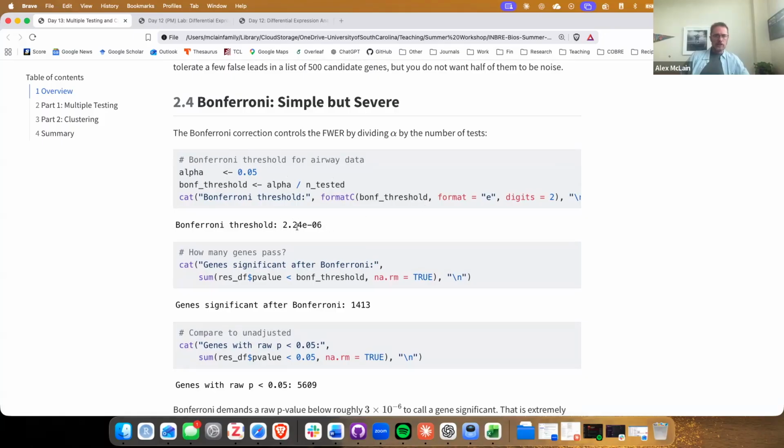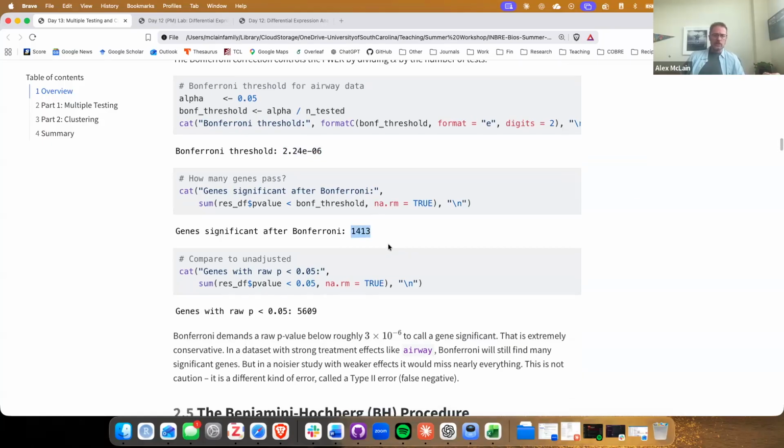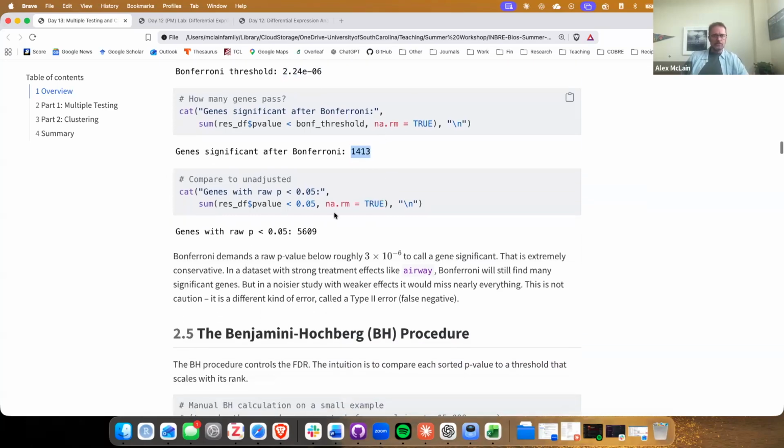Here's the threshold that a hypothesis would have to meet to have a rejection. When we use the Bonferroni procedure, we would still reject 1,413. So we still reject a good amount with the Bonferroni procedure.